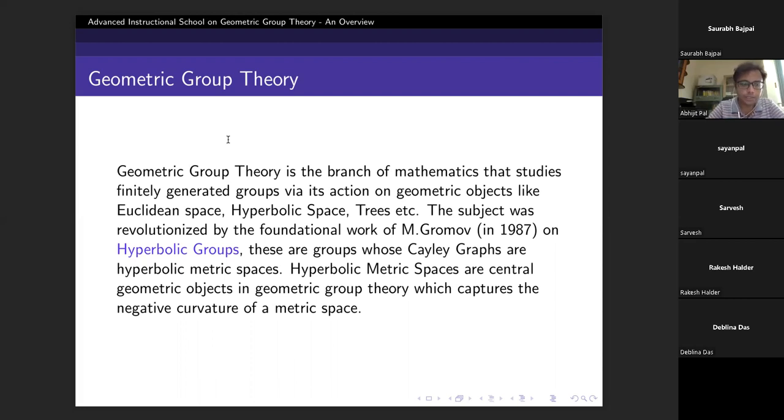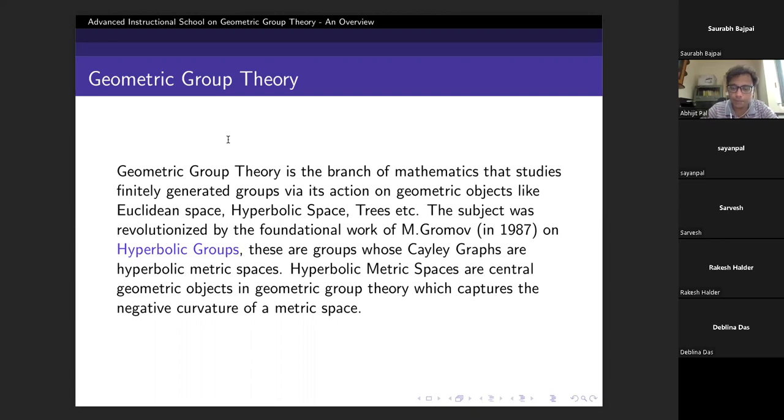The emergence of geometric group theory as a distinct area of mathematics came around 1980 to 1990. The subject was revolutionized by the foundational work of Mikhail Gromov on hyperbolic groups.